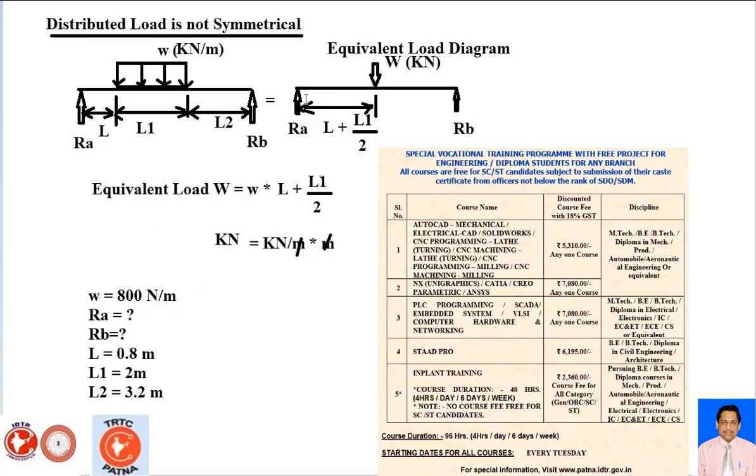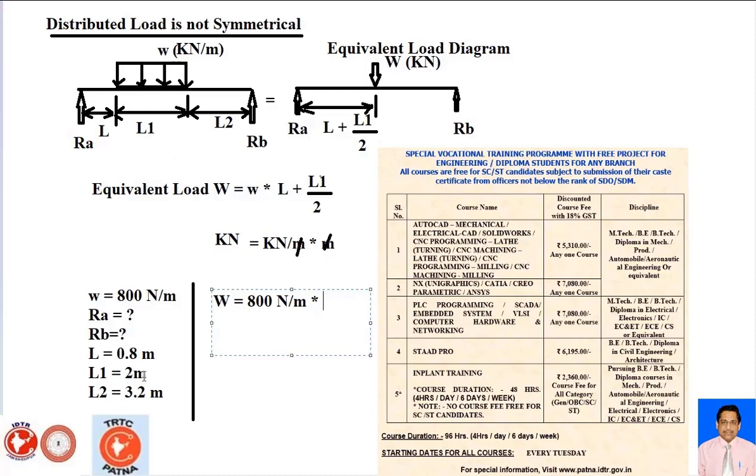So how to compute? You have to use this equivalent load diagram. First of all, go to the equivalent load. What is this capital W? Capital W will be equal to 800 Newton per meter, multiplied by the length, which is L1.